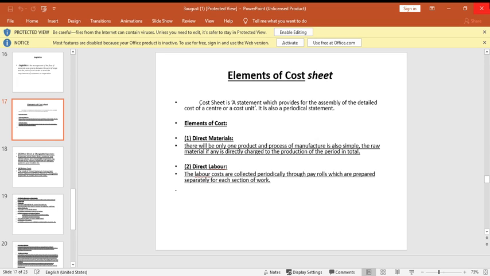So in detail, we are going to learn about the elements of the cost sheet. First one is direct materials.